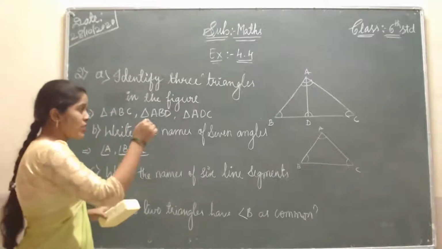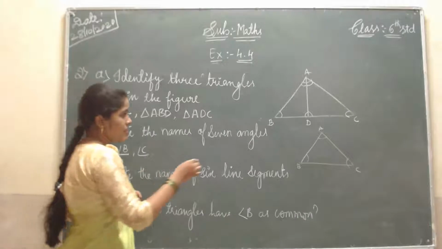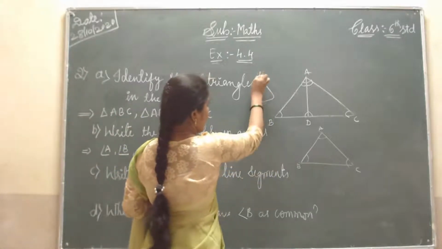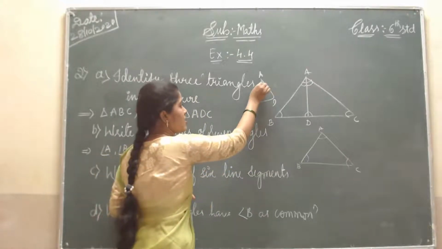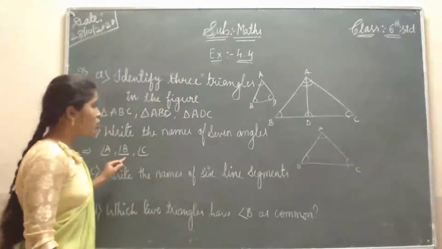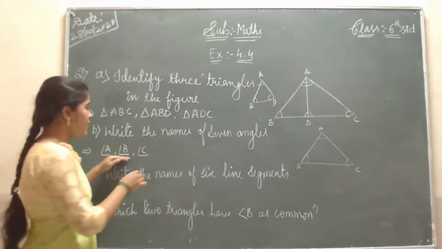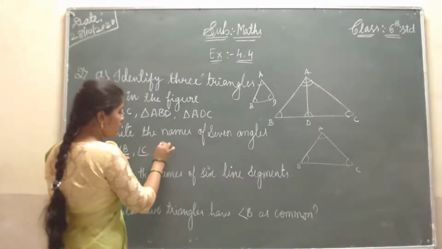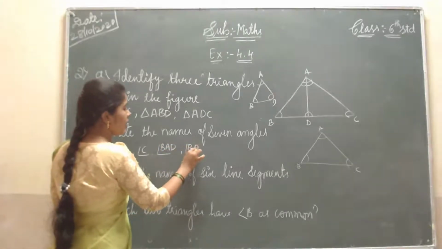Next, we have to take the small triangles. In the small triangle ABD, take these angles. We already took B, so don't take B. Leave this B and write angle BAD and angle BDA.